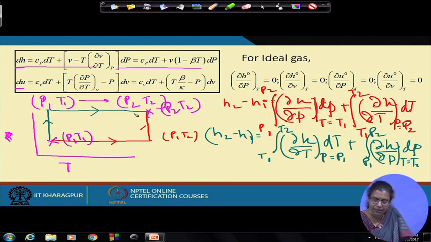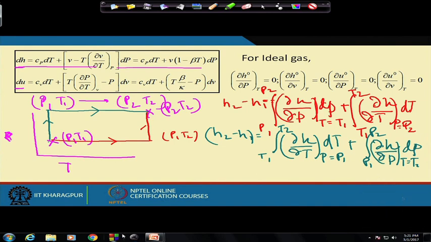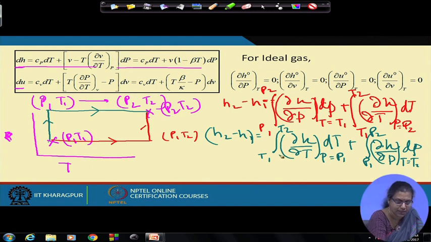But let us see from the practical point of view which particular process we should be opting for. Now, tell me what is del H/del T at P equals P1. This should refer to Cp at P1.